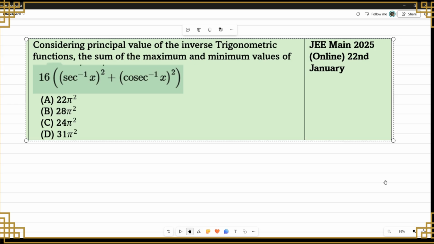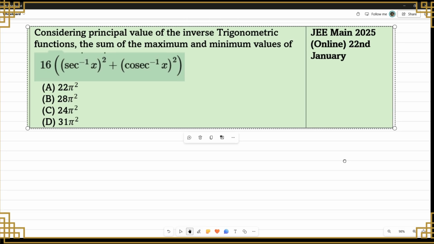This is principal value of inverse trigonometric functions. Only you have to take that into consideration. Can I use any property over there?